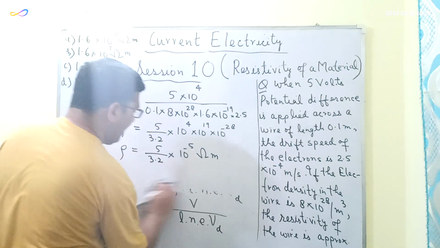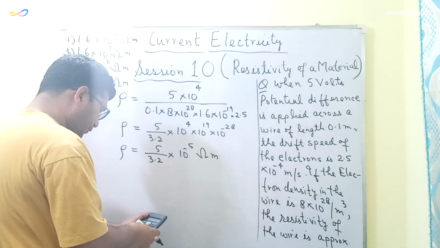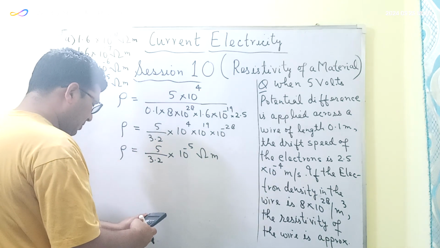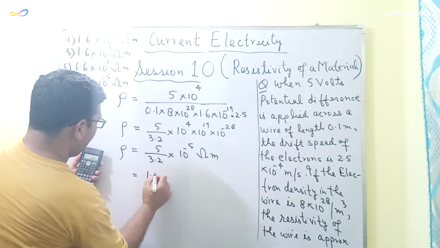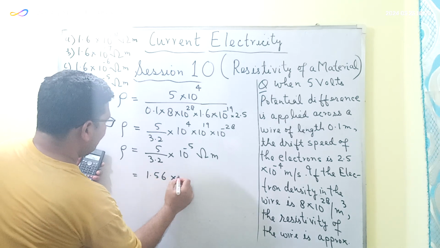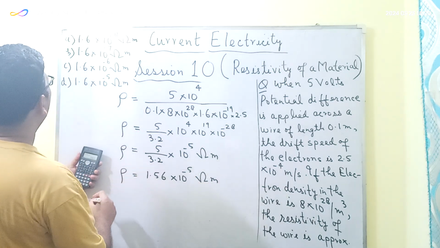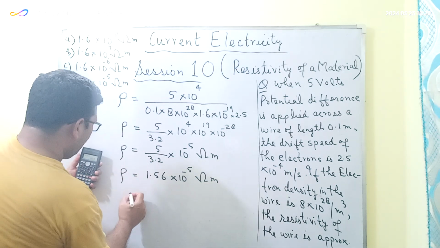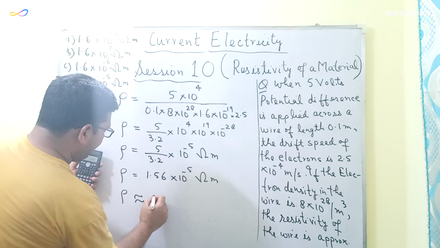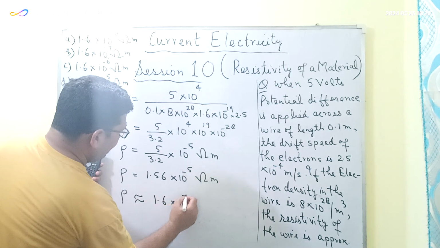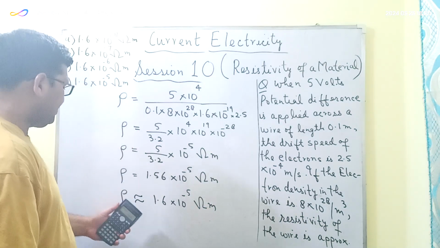Now 5 divided by 3.2 is equal to 1.56 into 10 to the power minus 5 ohm meter, and so the approximate value of this resistivity can be written as 1.6 into 10 to the power minus 5 ohm meter. Okay? So this is the value of the resistivity of this material.